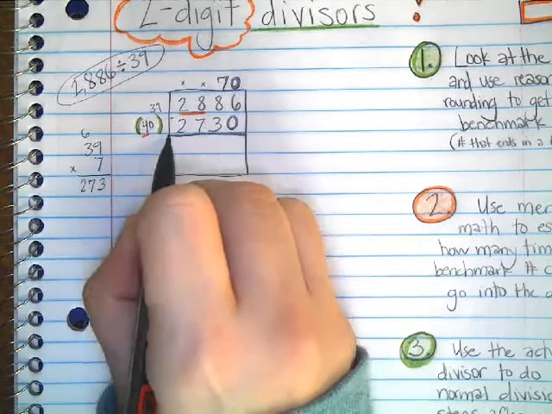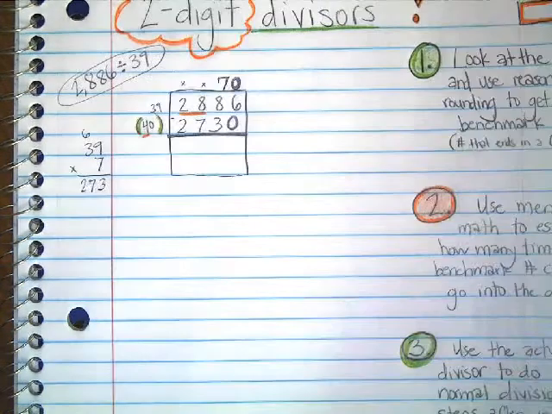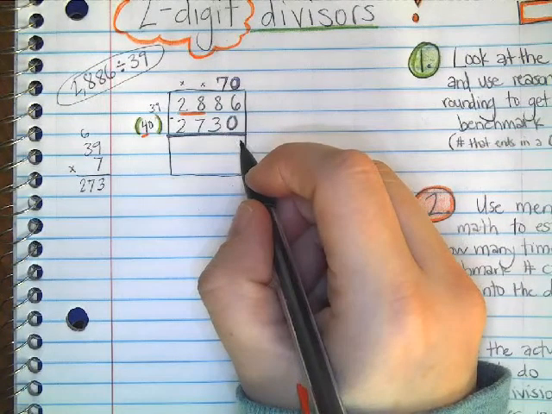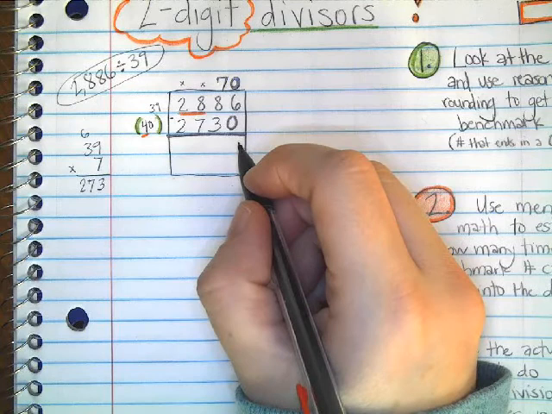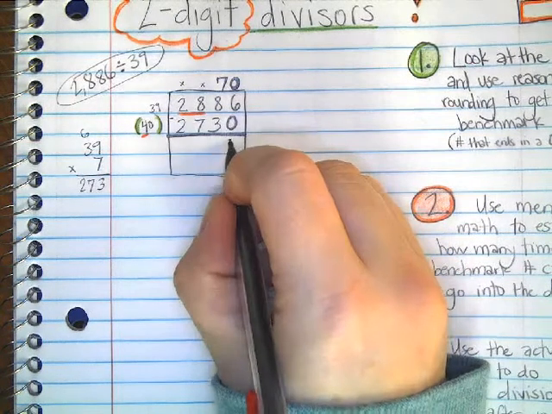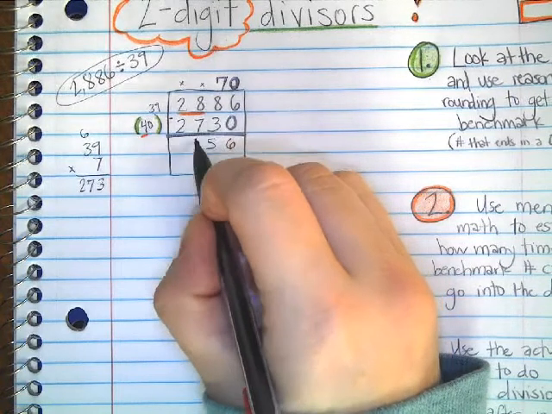And I subtract it. Six minus 0 is 6. 8 minus 3 is 5. And 8 minus 7 is 1.